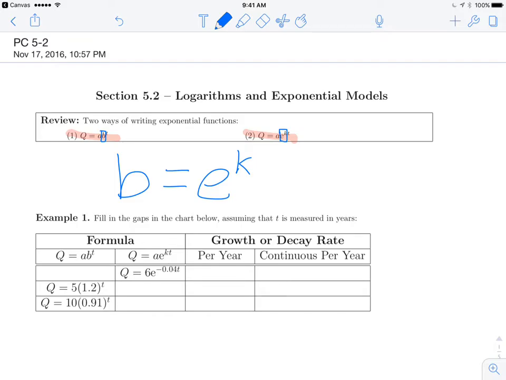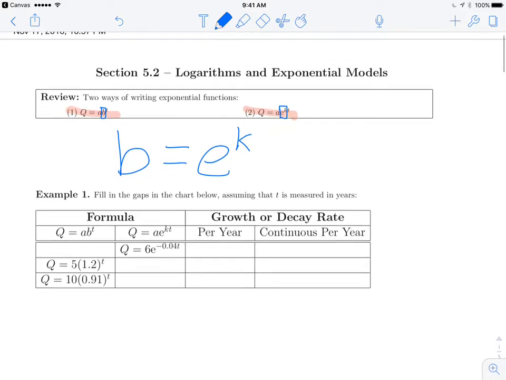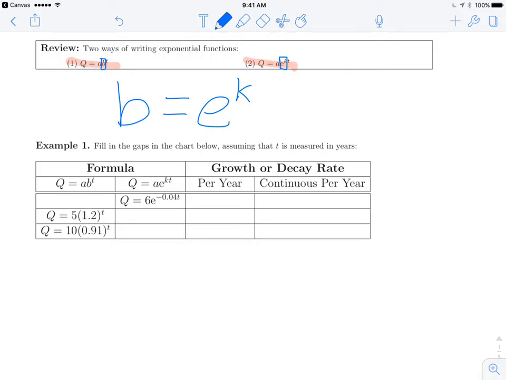So we're going to apply that right away in this first example. They want us to fill out this chart. The whole purpose of this chart is for us to think about these different formulas as far as what they say about the situation, and also how to convert between forms. So I'll go to the very first row.